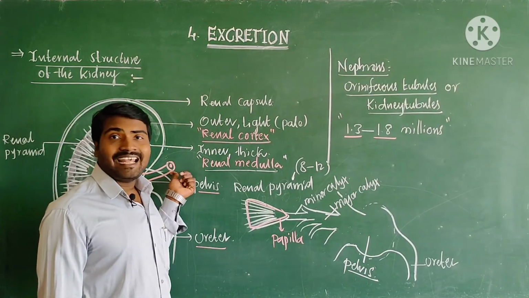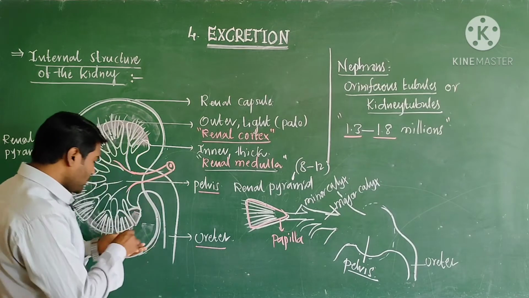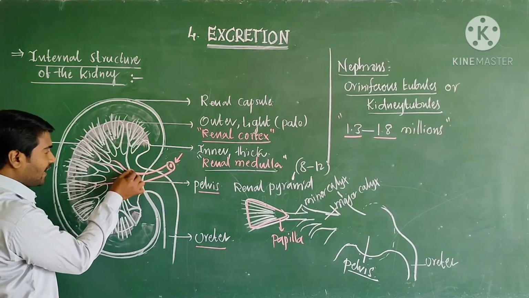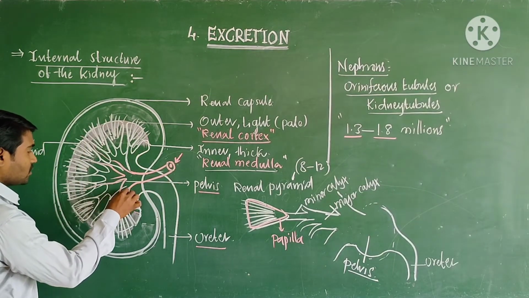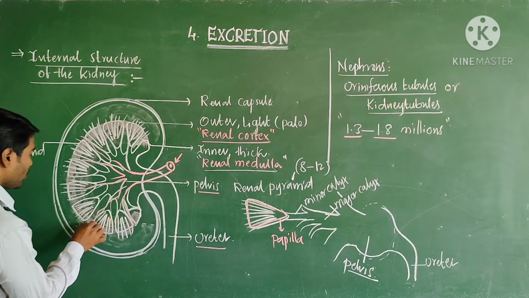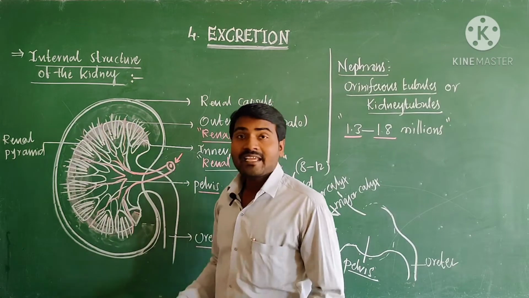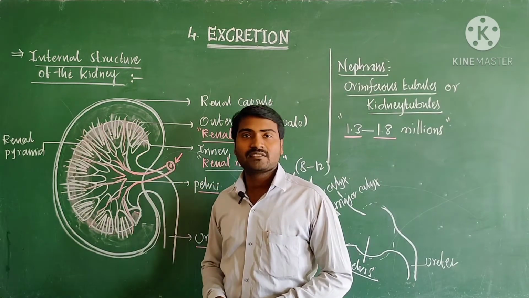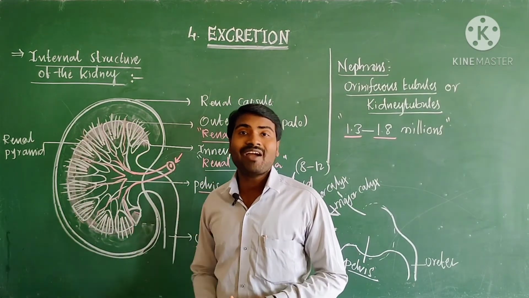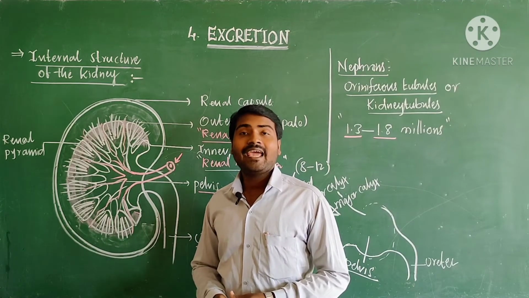This is the renal artery which enters the kidney. Once the renal artery enters, it divides into branches. Each branch reaches the nephrons. Through these gaps, the renal artery reaches the nephrons. There it divides into arterioles, the afferent arteriole.